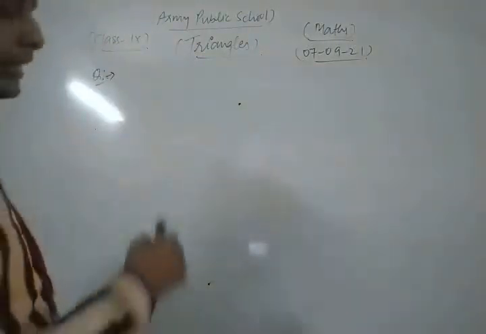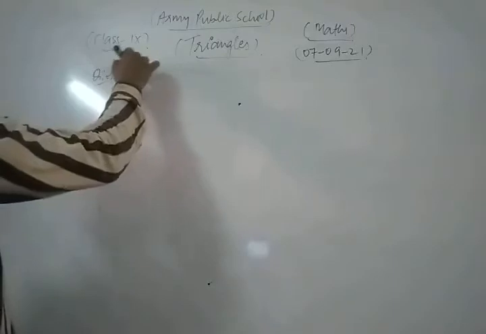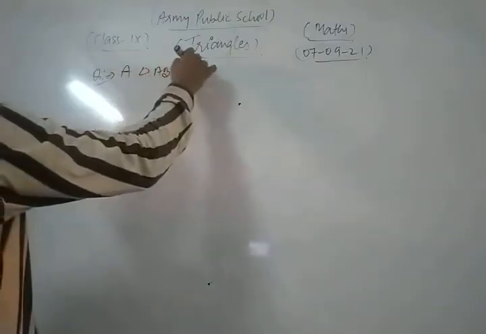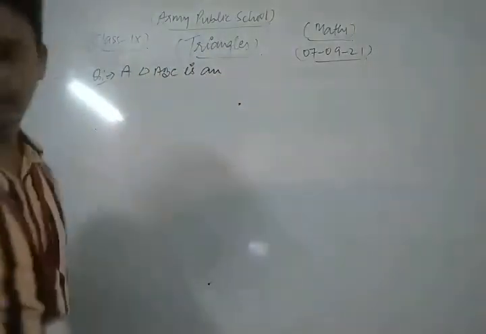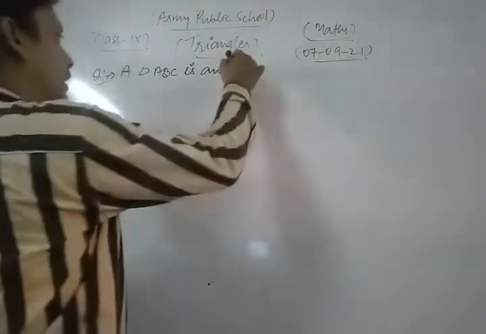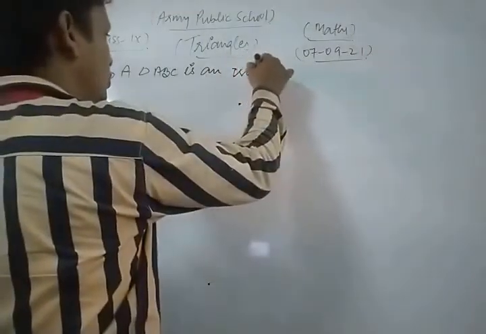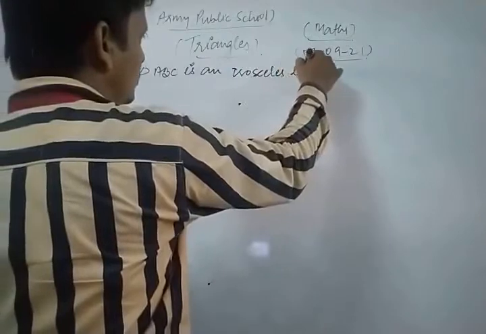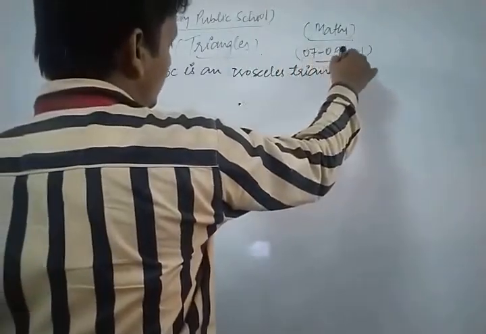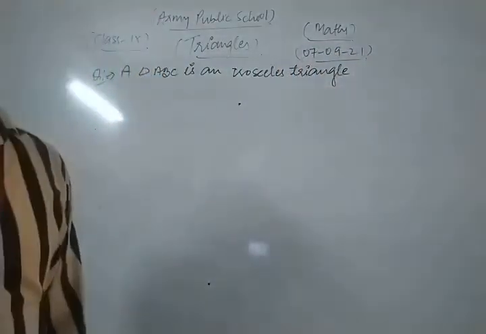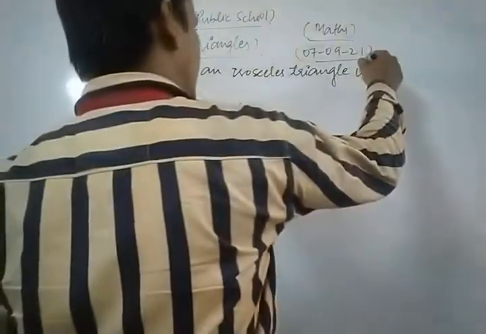So let's see some questions. Your question is: triangle ABC is an isosceles triangle with AB equal to AC.